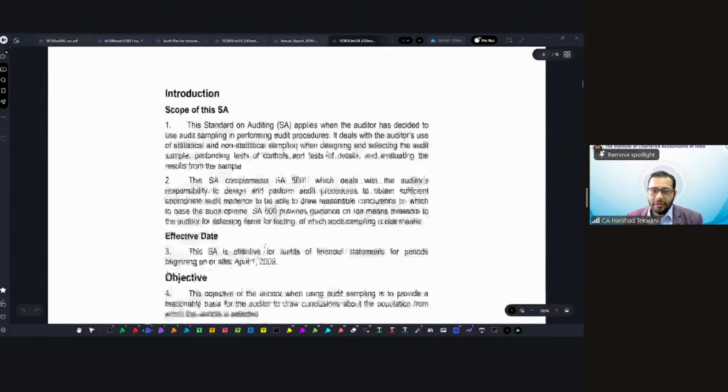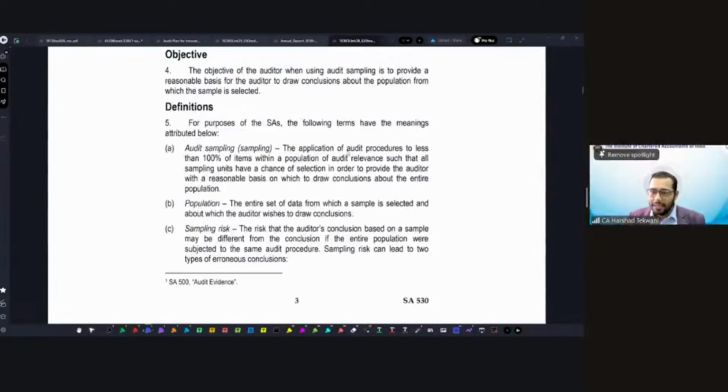If you see the definition of audit sampling, it is the application of the audit procedure to less than 100% of the items within the population. In our case, we applied a particular test to less than 100%.